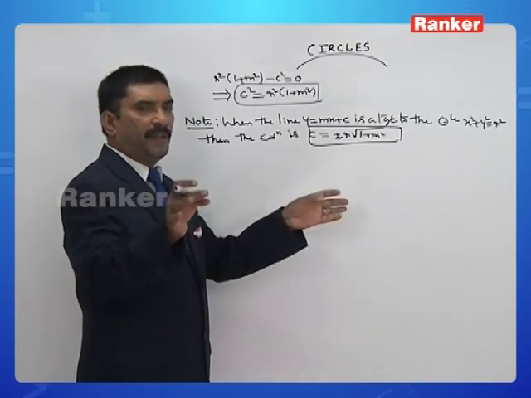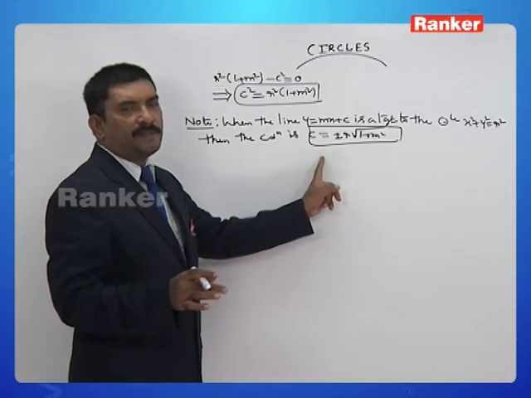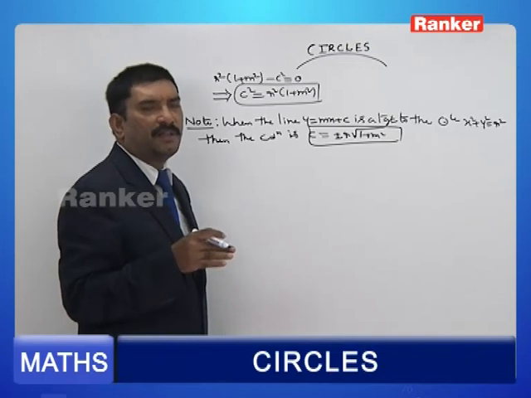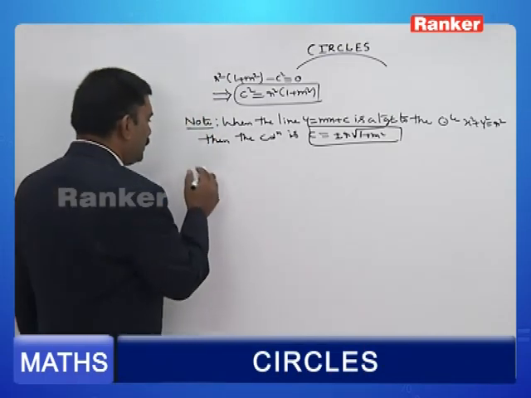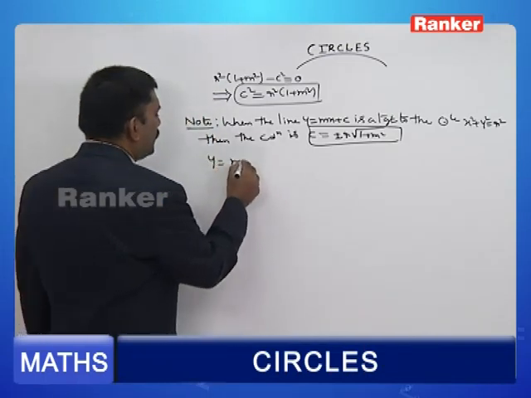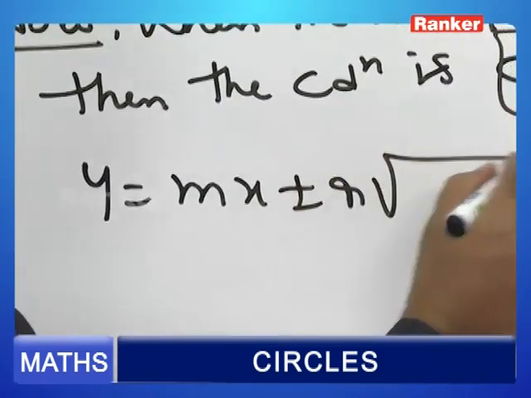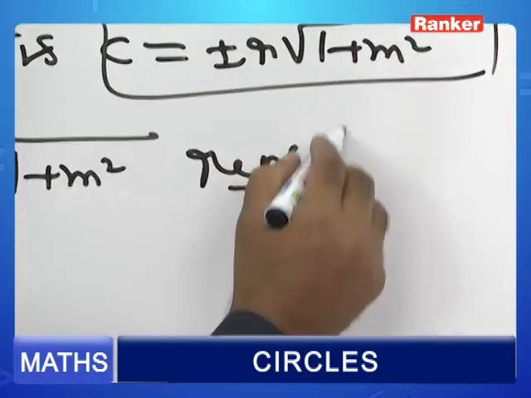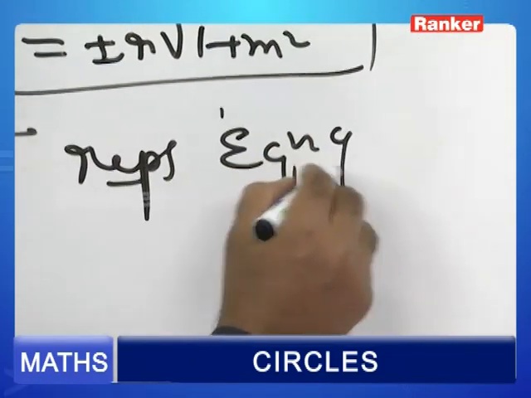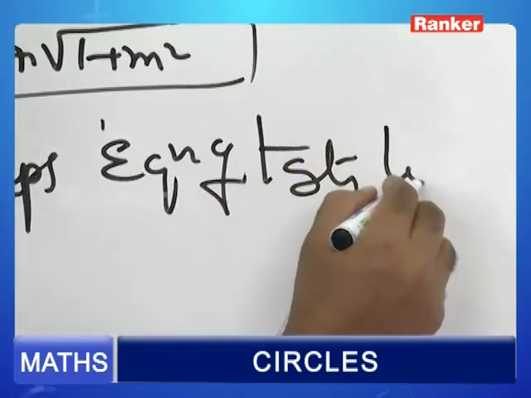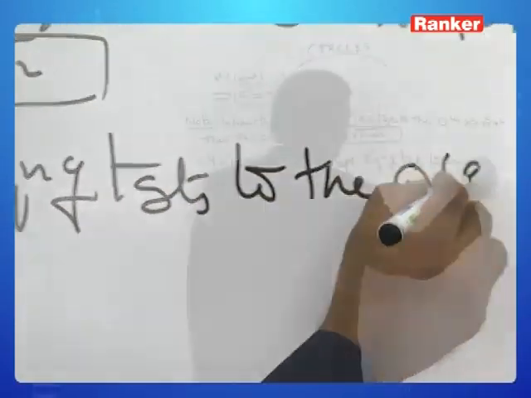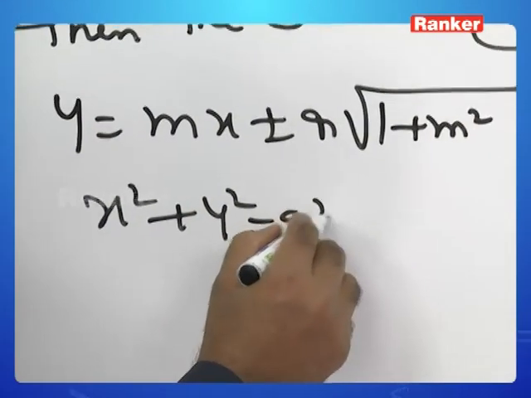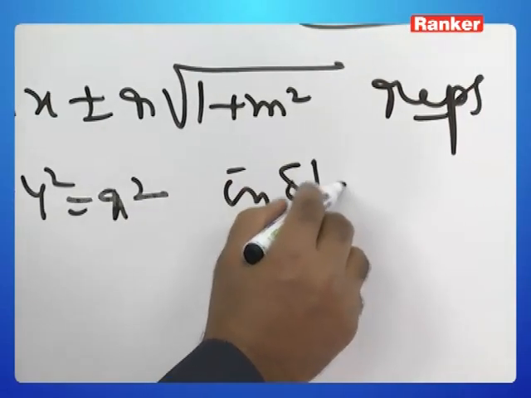In place of c, if I substitute plus or minus r into square root of 1 plus m square, it is always a tangent. So y is equal to mx plus or minus r into square root of 1 plus m square represents the equation of tangents to the circle x square plus y square is equal to r square in slope form.